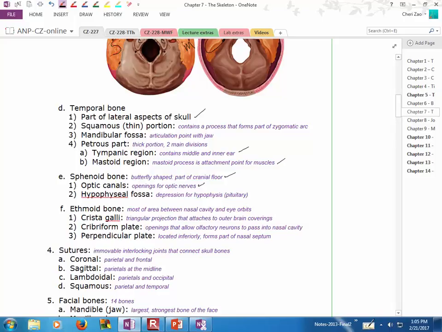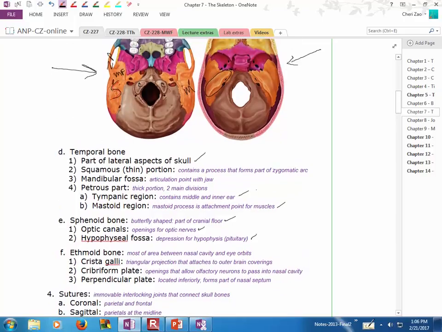And the canal is to imply that there is some length to this hole or foramen. Also, we have a hypophyseal fossa, which is the depression for the pituitary, and when we take a look up here, this area right here is the hypophyseal fossa for that.